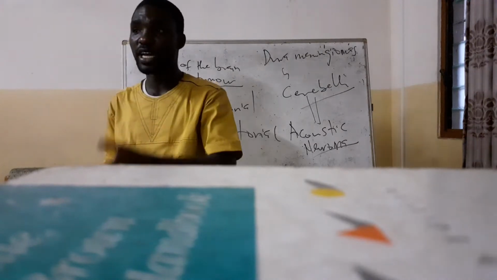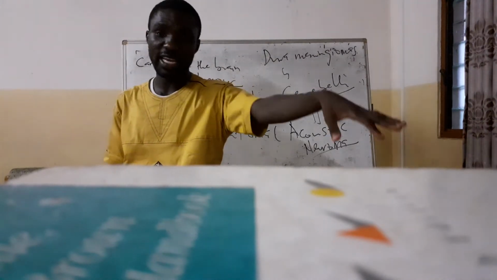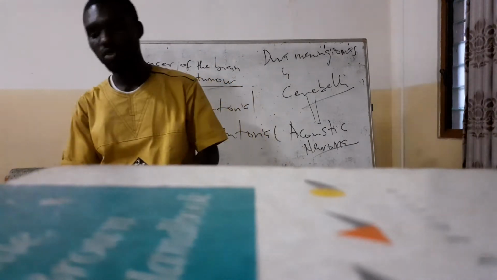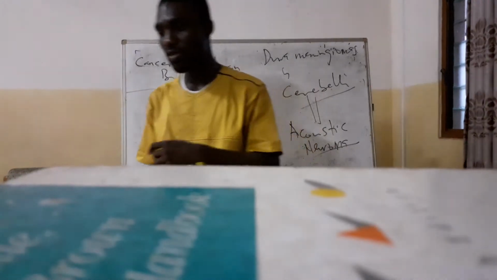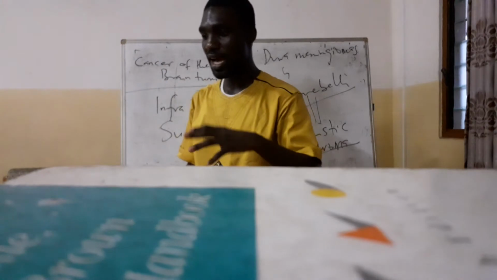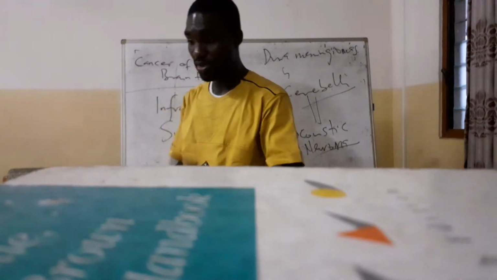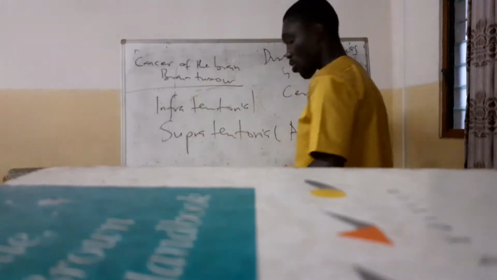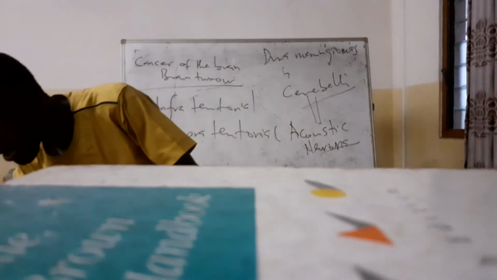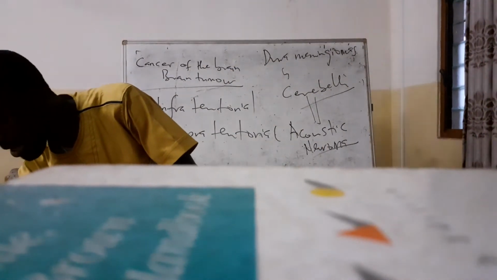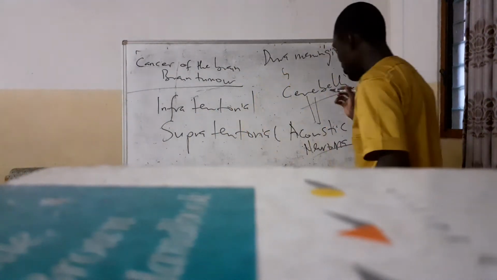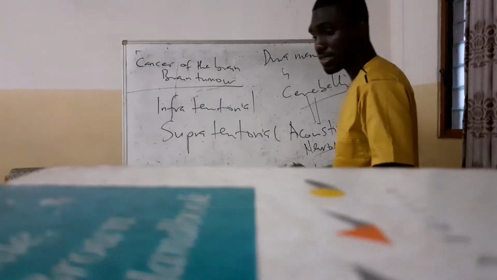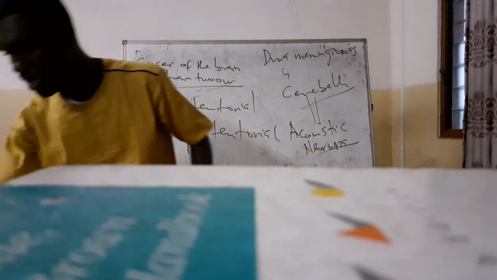With the peripheral nervous system, we have the spinal nerves and the cranial nerves. Try and review the anatomy and physiology so that you don't get confused. If you have cancer of the cranial nerves, we have 12 cranial nerves, we term it as acoustic neuromas. And then glioma is cancer of the brain tissue itself.